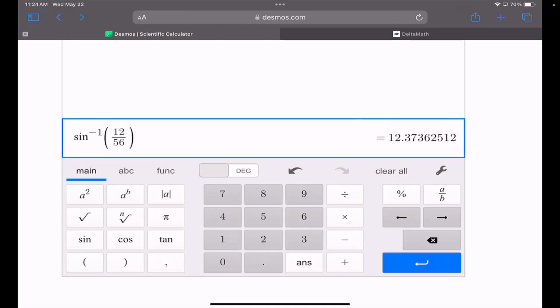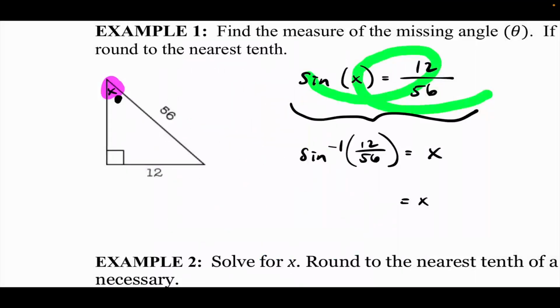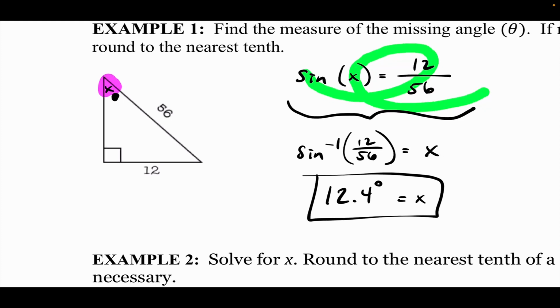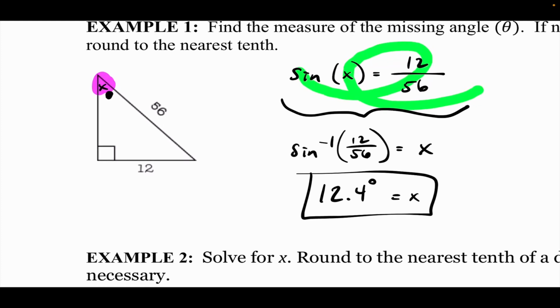It says round to the nearest tenth. The tenth is 3. So the 7 says go up 1, so it's going to be 12.4. Since it was an angle, it needs a degrees. And you're done. That's that missing angle. That guy was 12.4 degrees.